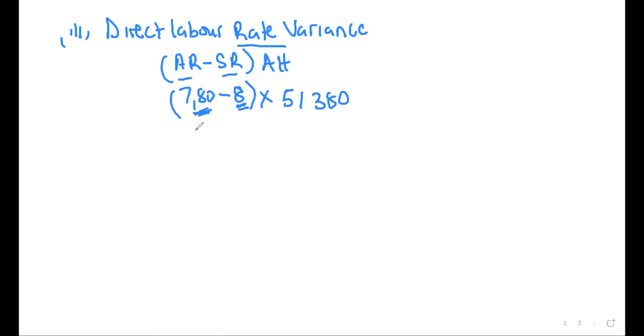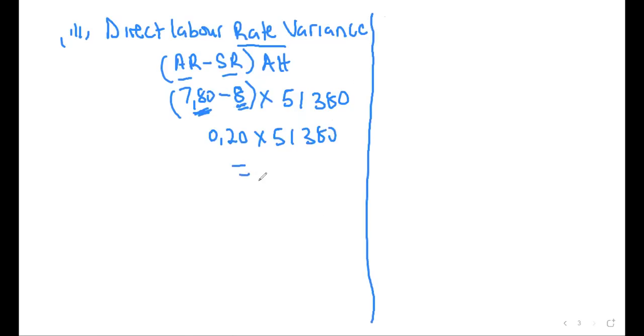So how much is it going to be? 0.20 times 51,380. It's 10,276. So that's favorable. You can put a big F there for favorable.